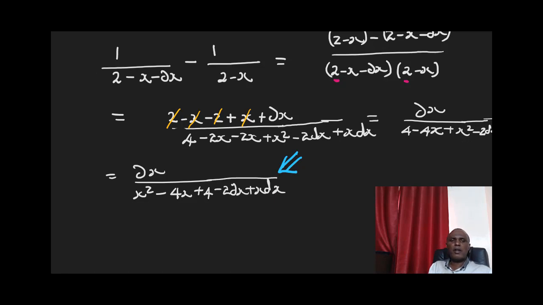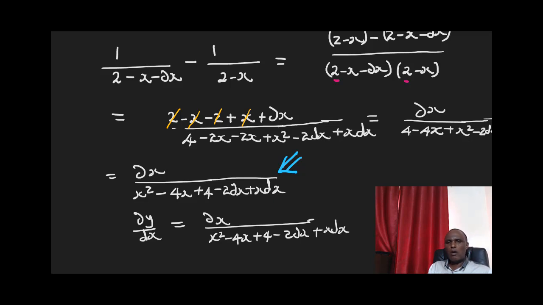Now finally, dy over dx should be equal to x dx over x squared minus 4x plus 4 minus 2 dx plus x dx, all that fraction over dx.